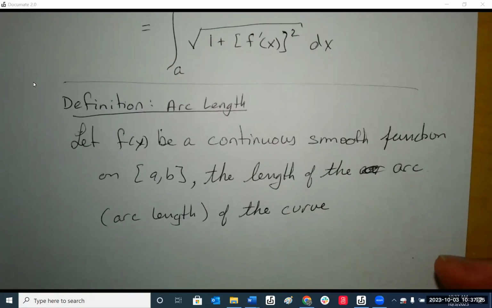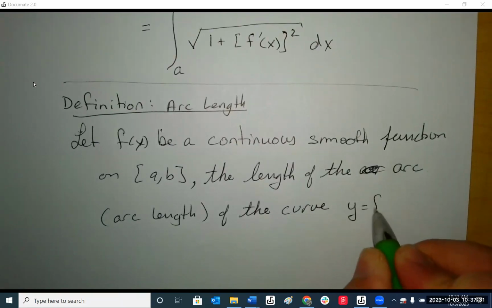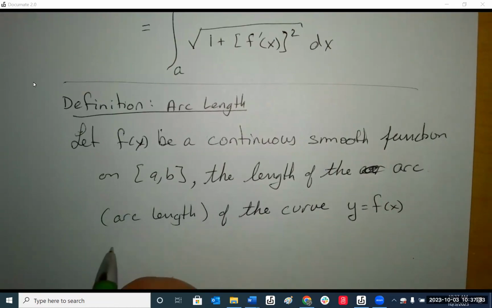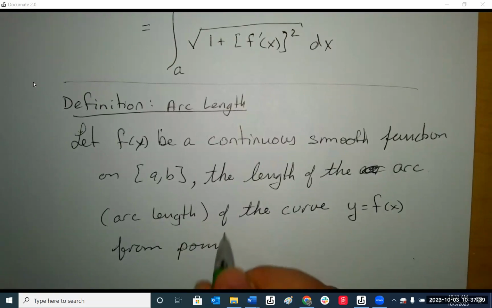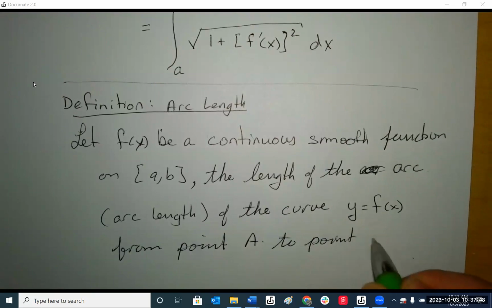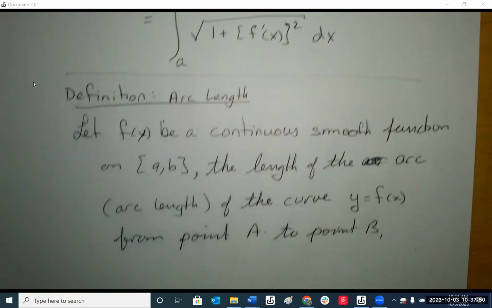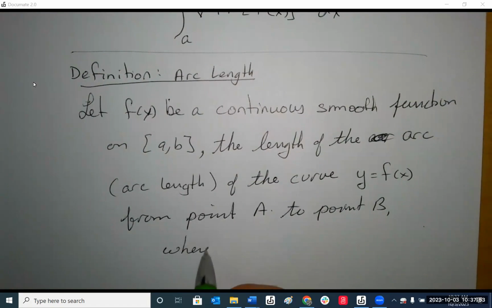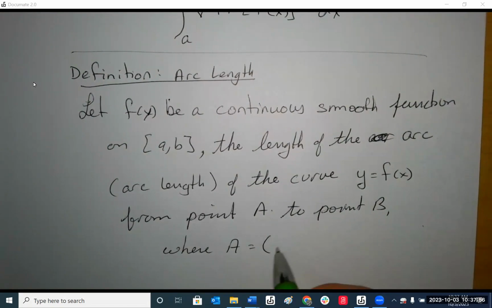You could also say instead of arc length, the bend of the curve. y equals f of x from point A to point B, where A is on the x-axis, so this is f of A, and B is f of B.